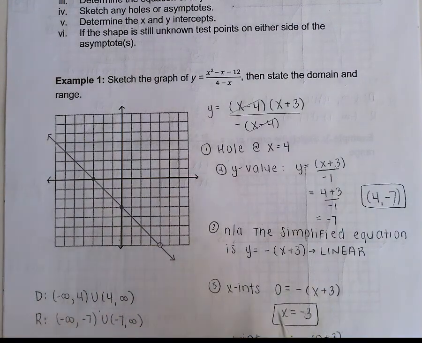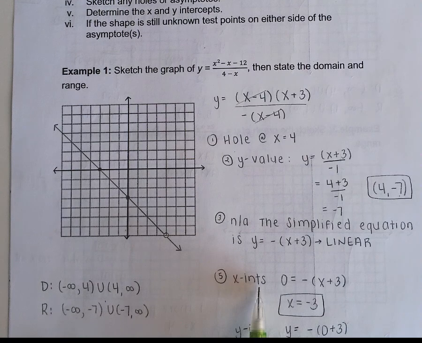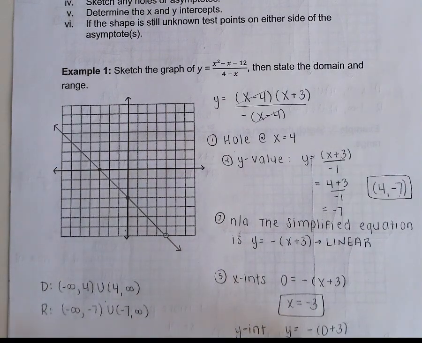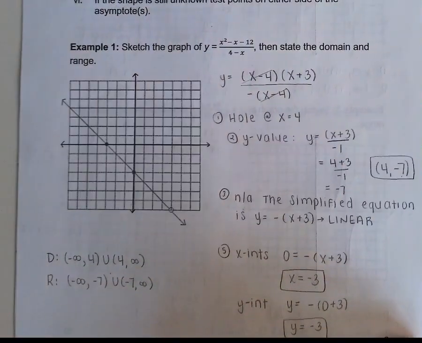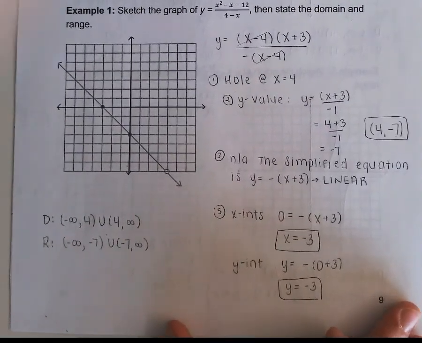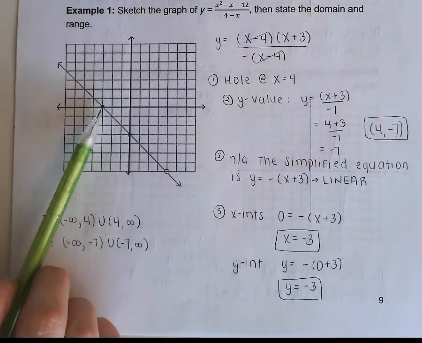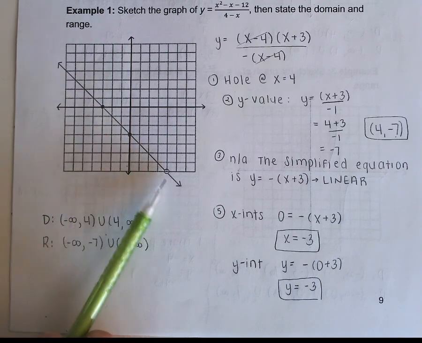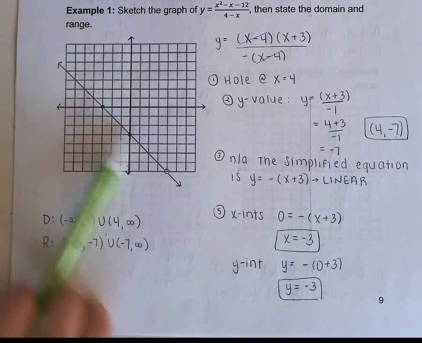Next, I solved for my intercepts. Remember, for the x-intercept, we plug in y equals 0 and solve for x, and for the y-intercept, we plug in x equals 0 and solve for y. Once you have all of that information, you can plot those points on your graph. I've got my x-intercept, my y-intercept, and the hole, and I just connect them.